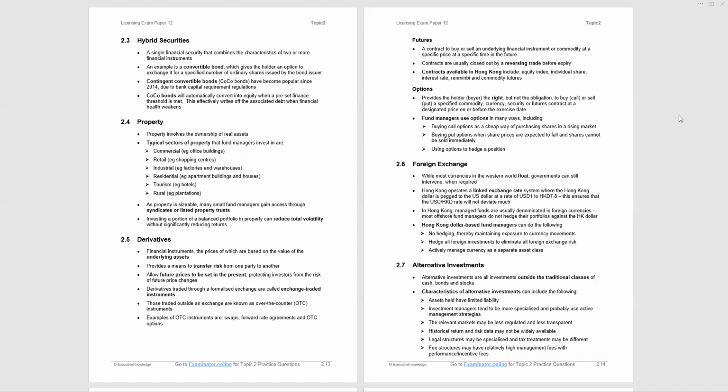Buying put options, where the share price is expected to fall. So if you buy a put option, it gives you the right to sell the underlying security, let's say at 100, and when the price in the market goes down to 90, you exercise that option and sell at the higher price. You're locking into a higher price. And options can be used to hedge a position. Well, that's just what I've described.